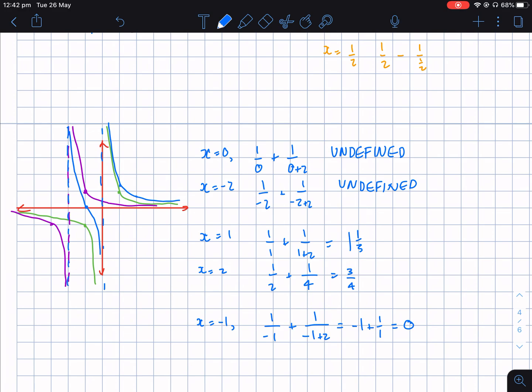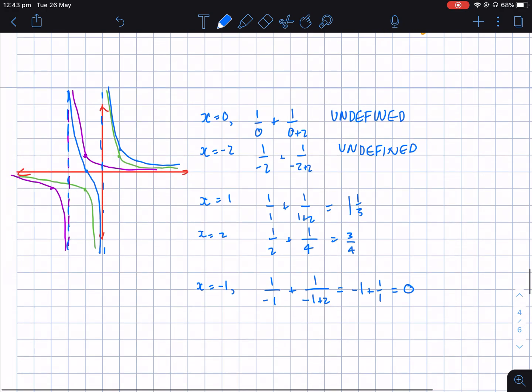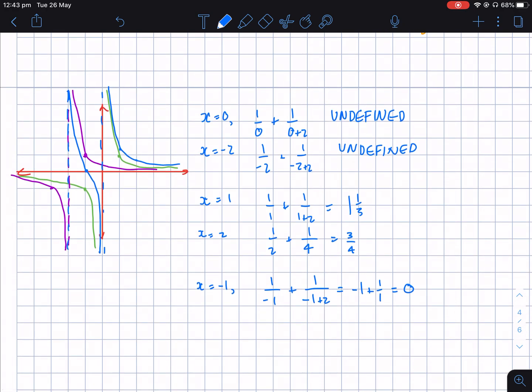Here the green bit's way bigger than the purple bit. So it's going to go like that. And then here, adding them each time, it's going to be bigger.